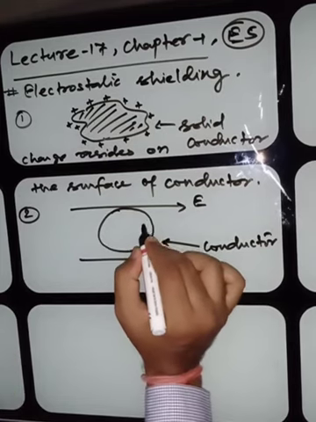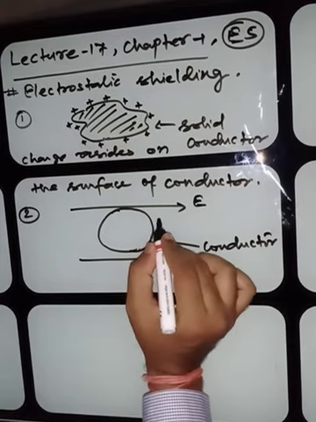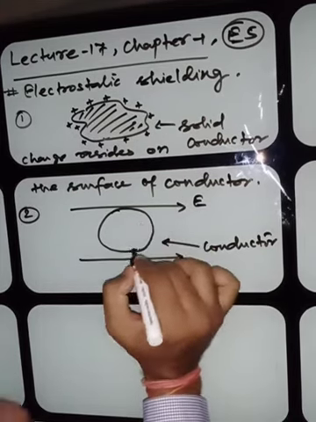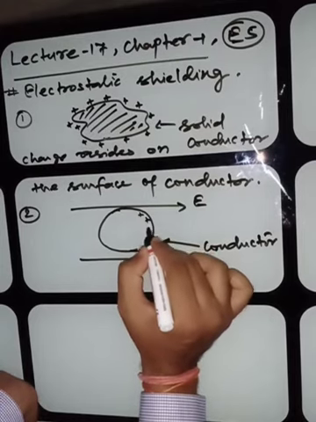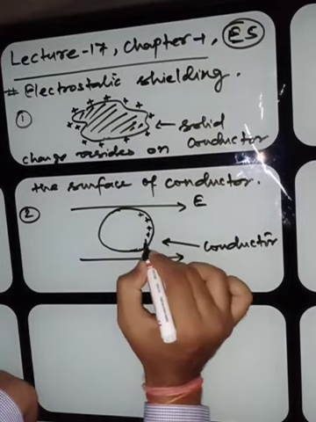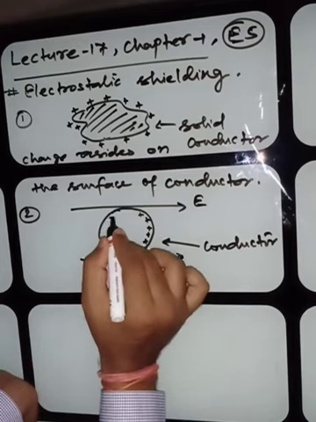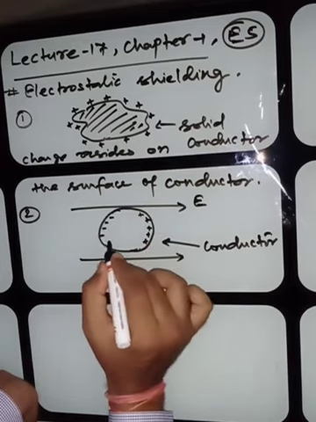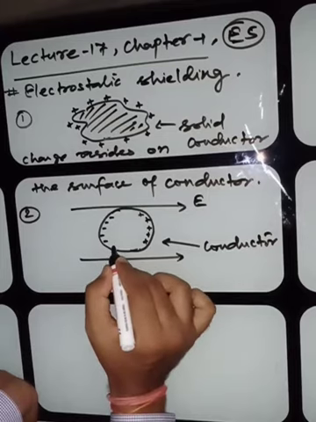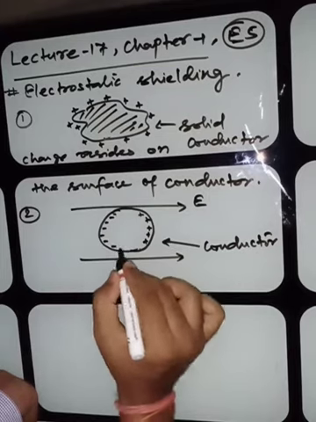So the positive charge will be at this face, and negative charge will come to this side.